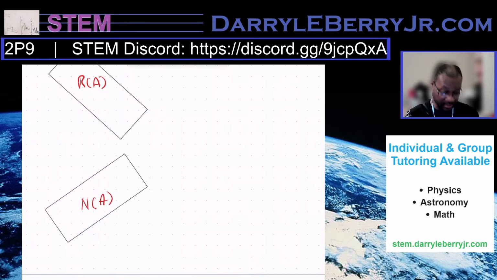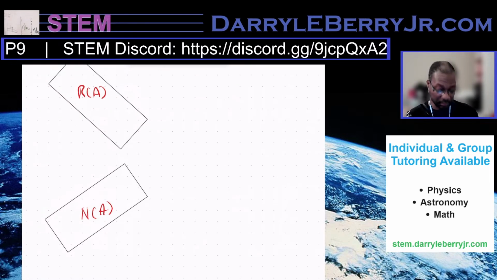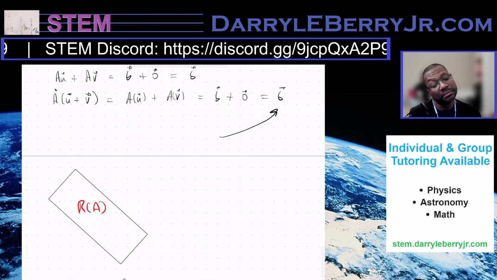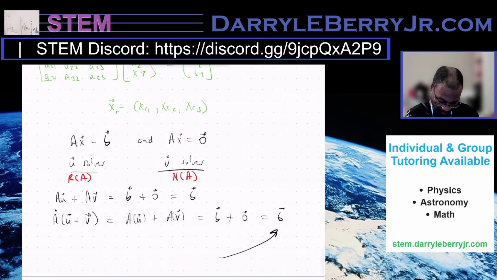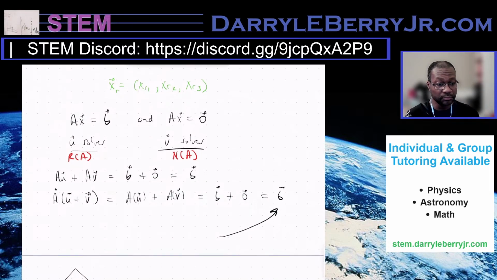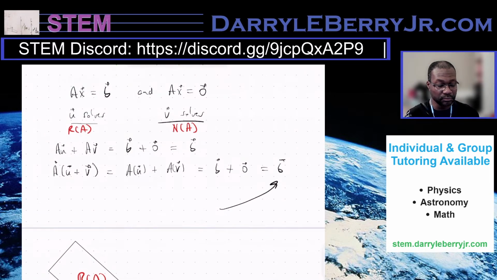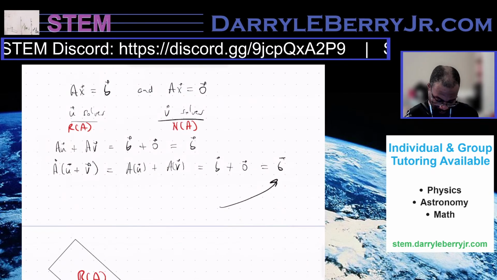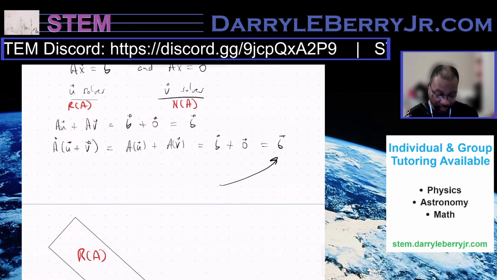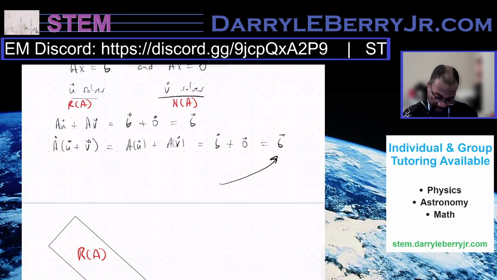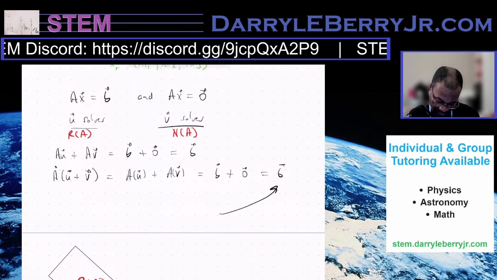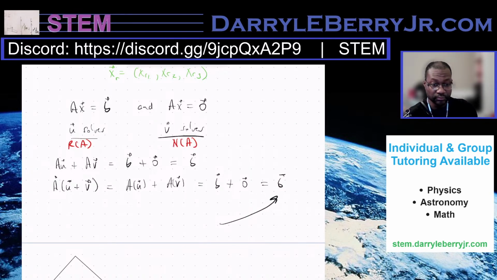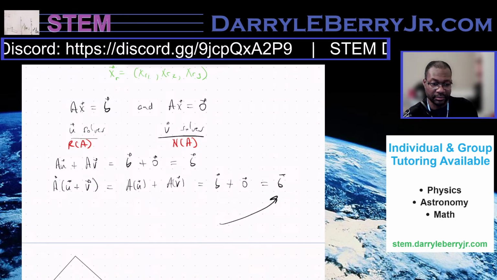Null space is this. And currently, the row space and the null space will be orthogonal to each other. But the question is, why would that be?